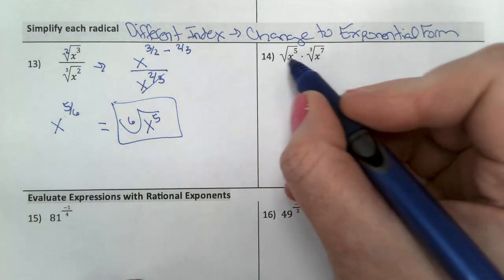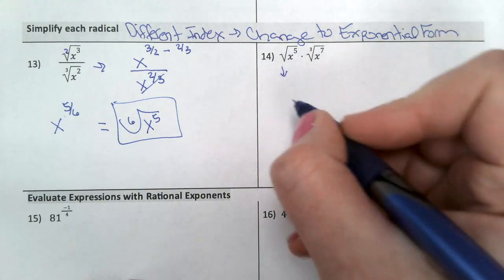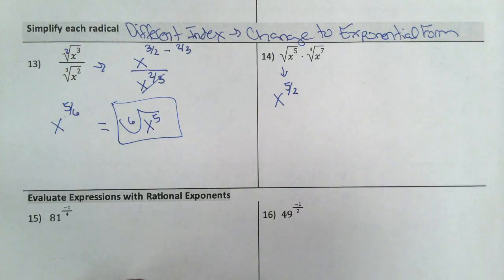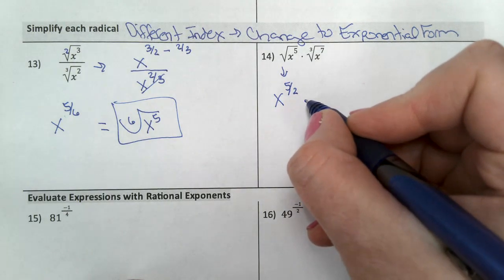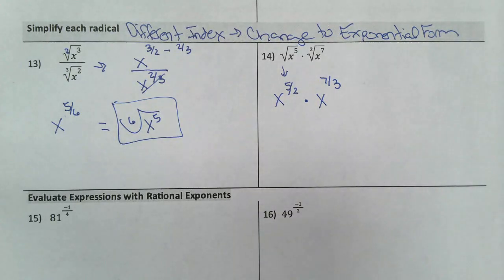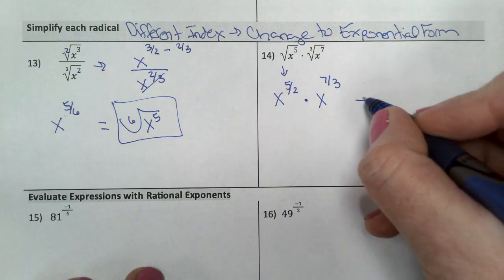Same thing on 14. I don't have the same index, so that first one is x to the 5/2. This one is x to the 7/3. When you multiply, you add exponents.